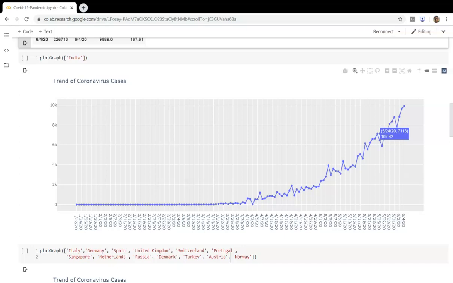For this node, it is 7,113, and below we have 102, that is the per million cases for that day. Per million cases keeps rising, as you can see: it is now 140, 153, 160, 167. So it keeps on rising every day.